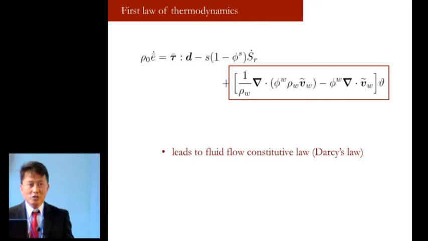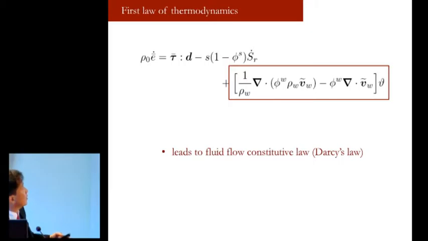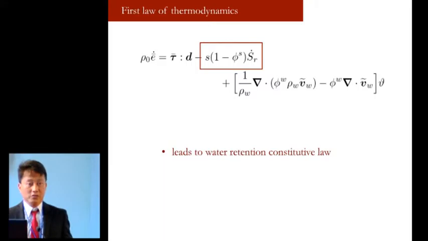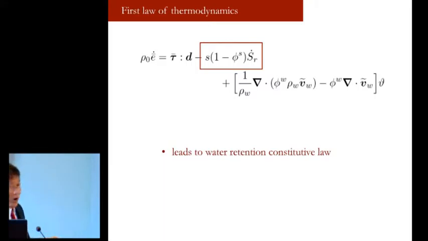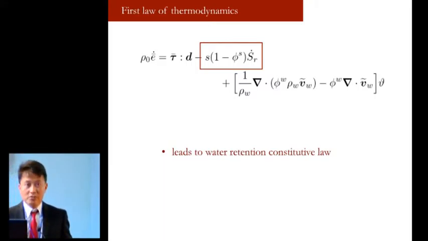And then the second term on the right-hand side of the expression for the rate of change of internal energy. We have here three terms, not two. S is the suction stress, 1 minus Vs is the porosity, and SR, we recall, is the degree of saturation. So this leads to the water retention constitutive law consisting of three terms, not two.